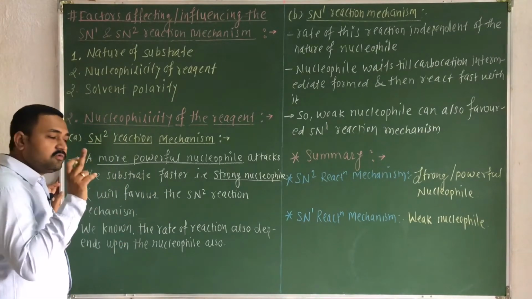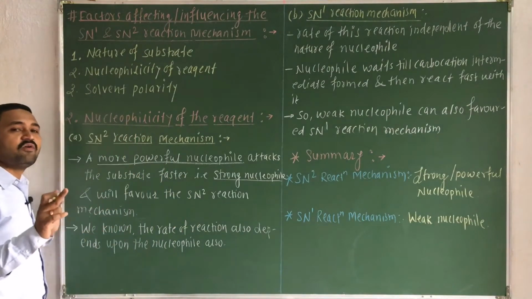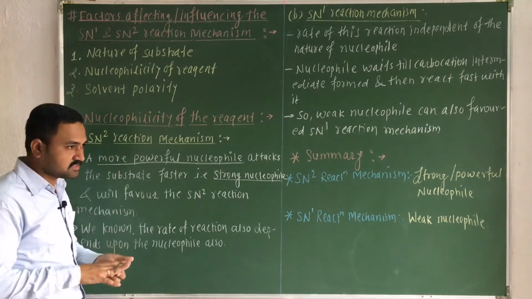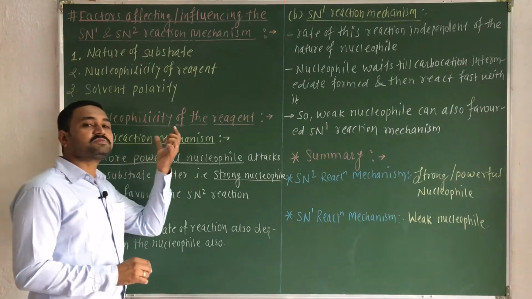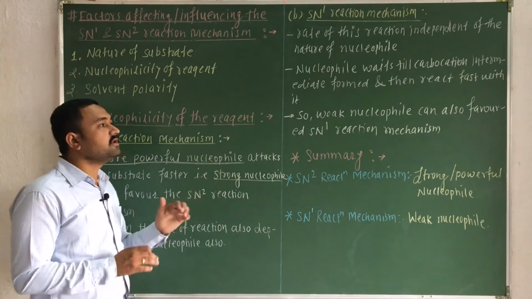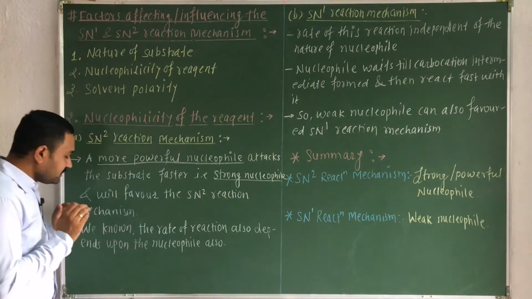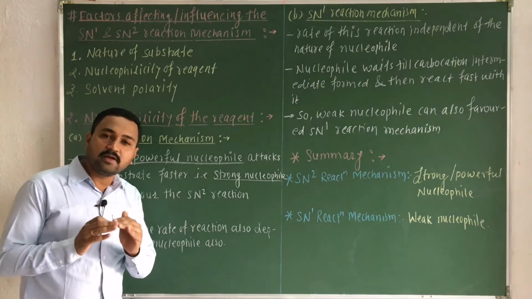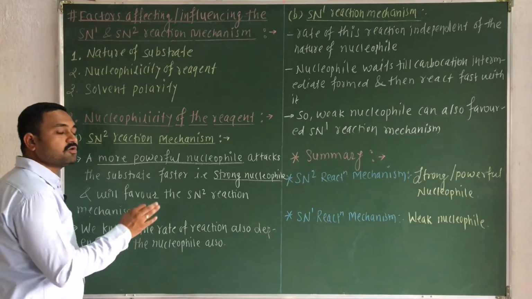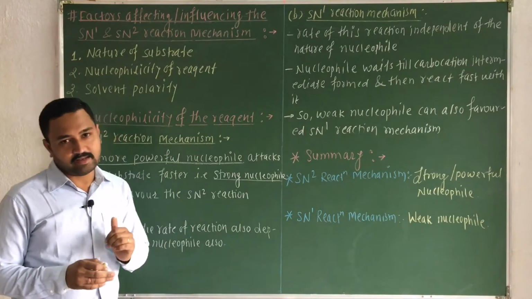You know that whenever the SN2 reaction mechanism takes place, a transition state is formed. If the nucleophile is strong, it will attack your substrate strongly and easily, and you will achieve this transition state very easily. And the important thing is that the rate of this reaction depends upon the concentration of your nucleophile as well as the concentration of your alkyl halide.